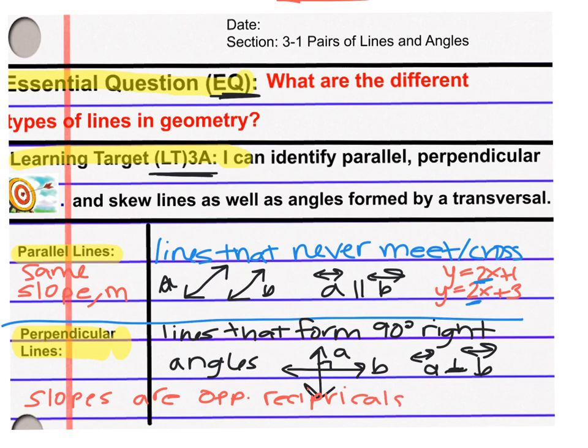So something like 2/3 and negative 3/2. You take the fraction, you flip it, one is positive, one is negative. So pause the video if you need more time for parallel lines and perpendicular lines. Please make sure you're getting all that, the definition, the picture, the stuff about the slopes. You're going to need all that this chapter.